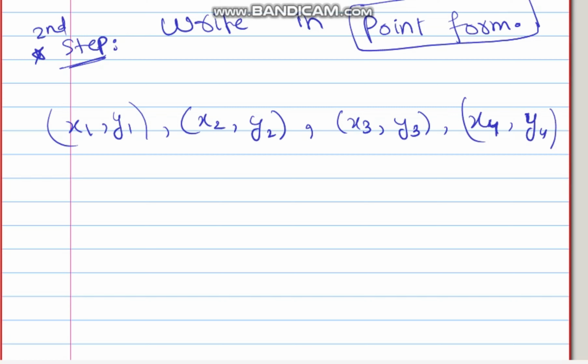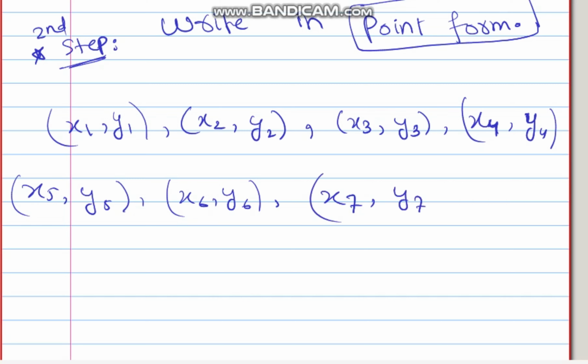Fifth input, fifth output. Sixth input, sixth output. Seventh input. How many inputs do we have? We have seven inputs, so automatically we will have 7 points. Seventh input and seventh output. These are your points.